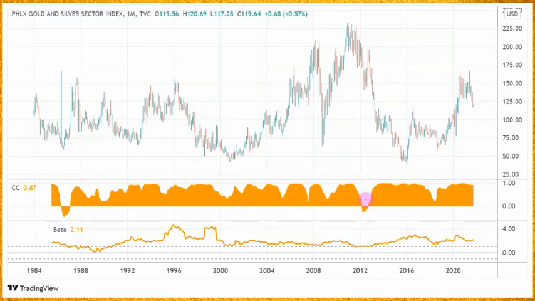Of course, there's the odd time where it actually even goes negative, but it's pretty uncommon. So most of the time we've got a very strong correlation between the gold price and the mining stock prices. Below here we've got the beta, and here we can see on average the beta is about 2, but it has at times been as high as 4 over here.